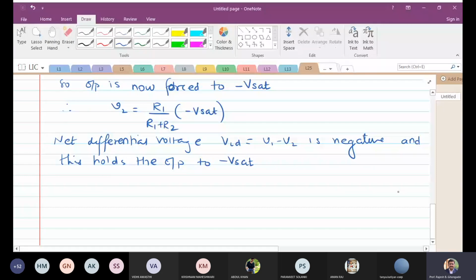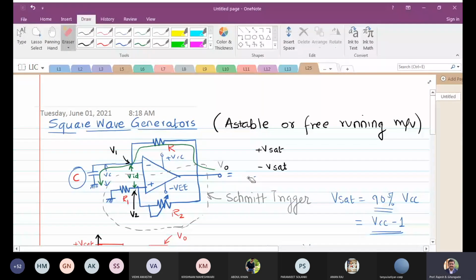Now this condition remains until the capacitor discharges. So now look at the condition. Now this is minus Vsat. And now the capacitor will discharge.